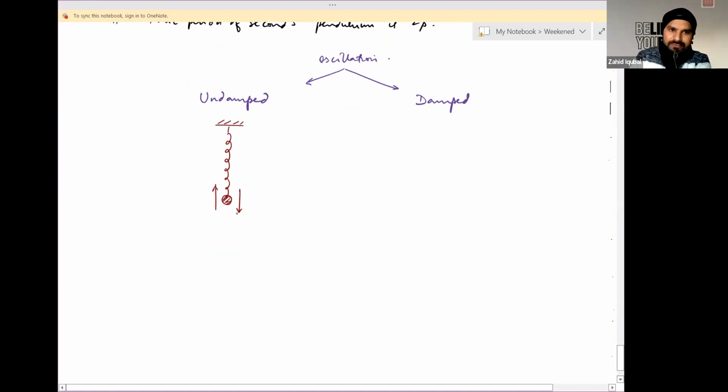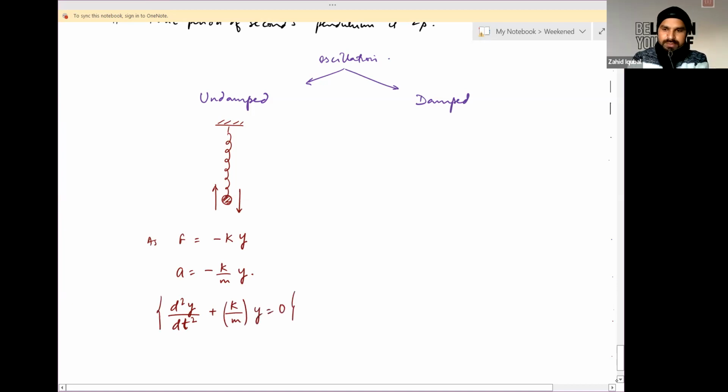If you calculate the net force acting on this, there is only one force, minus k into y. We may write this force as mass times acceleration. So acceleration is minus k by m times y. We may write it as the second derivative of displacement plus k over m times y equals 0.